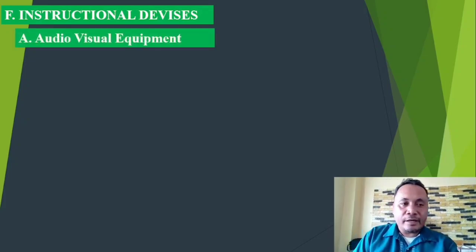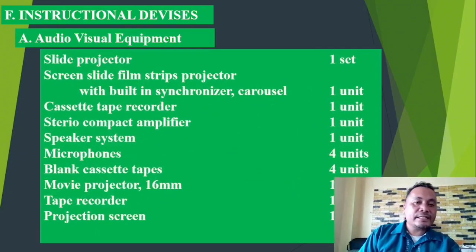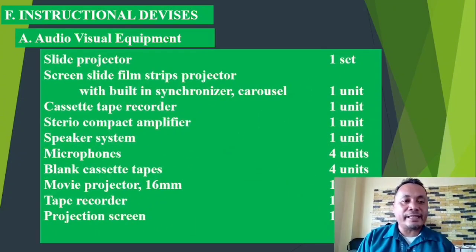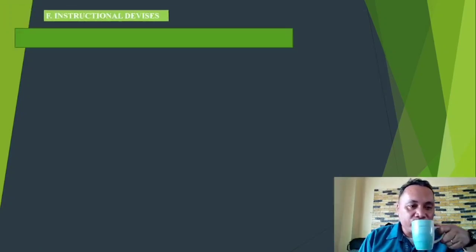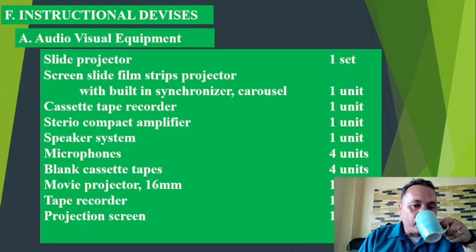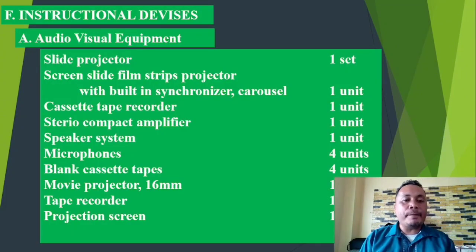The audiovisual equipment like slide projector, cassette, screen, slide film strip projector with belt and synchronized carousel, 1 unit, stereo compact amplifier, 1 unit, speaker system, 1 unit, microphones, 4 units, blank cassette tapes, 4 units, movie projector, 1 unit, tape recorder, 1 unit, projection screen, 1 unit.